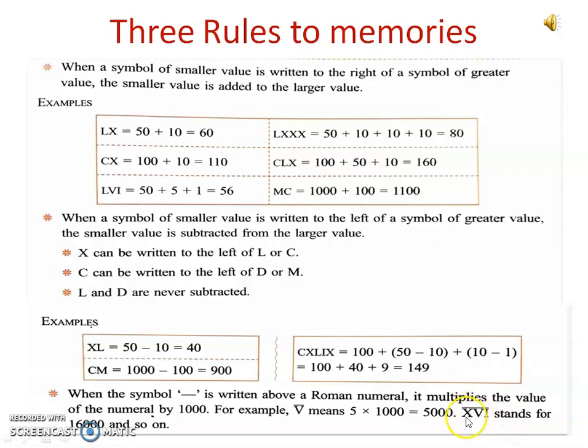As X stands for 10, V stands for 5 and I stands for 1, so 10 plus 5 plus 1 is 16. We have a bar on its head, so it will multiply by 1000. So we will get the value 16,000.